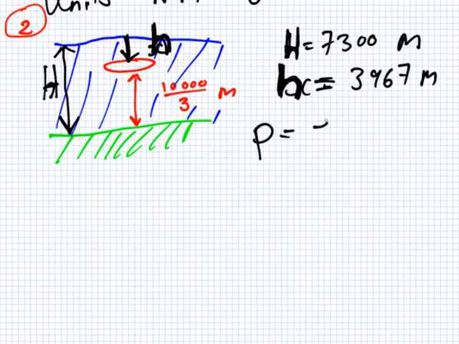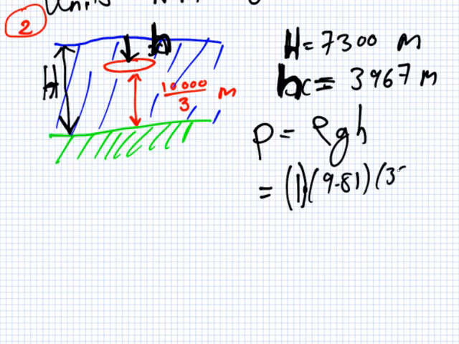So the pressure is rho gh, and the density of air is about 1.4, I think. If you don't remember it, I'll just be lazy and use 1. In the exam they would give you it anyways. g is 9.81 and h is 3967.